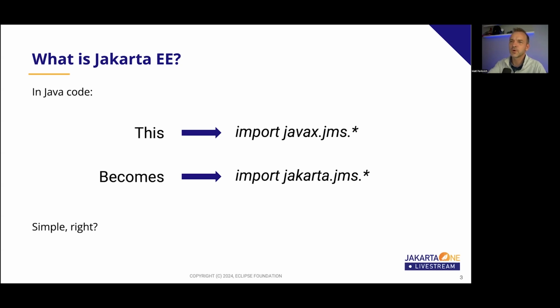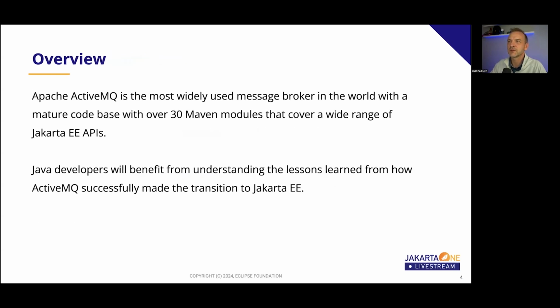As part of this transition, we've got to do a little bit of namespace changing. So everywhere in your Java code where you saw import javax, you're now going to just write it as import jakarta.jms, right? As easy as that, hopefully. As it turns out, with a big and mature code base, things can be a little bit more complicated than that.